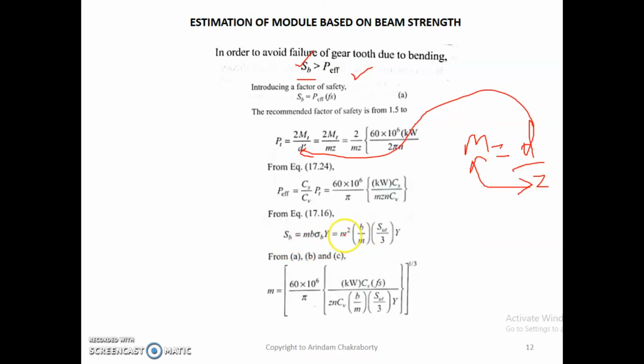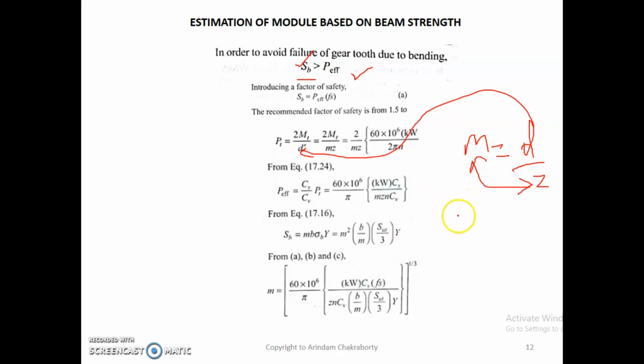And SB is SUT by 3. As I have told you, whether we use SUT or SYT depends on the material. We generally use SUT if it's a brittle material, and if it's a ductile material, we use SYT, for maximum safety. It's not a hard and fast rule, but it's very good to do.